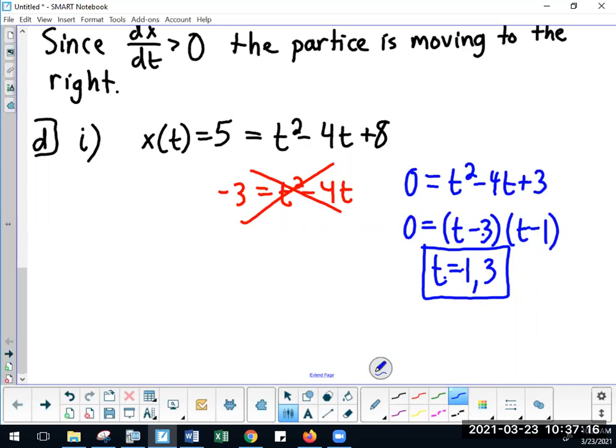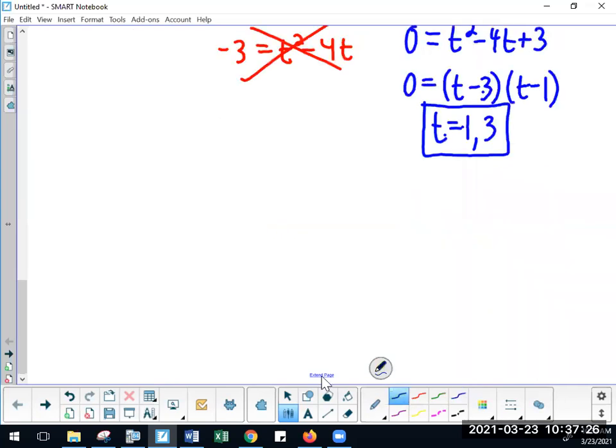Part double I, the slopes of the lines tangent to the particle's path at that point. Okay. So the English there is a little bit difficult to parse. But what we need to do is evaluate the slope, which again is dy dx. It's not dx dt, it's not dy dt.